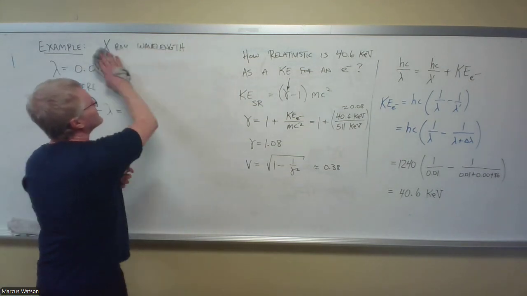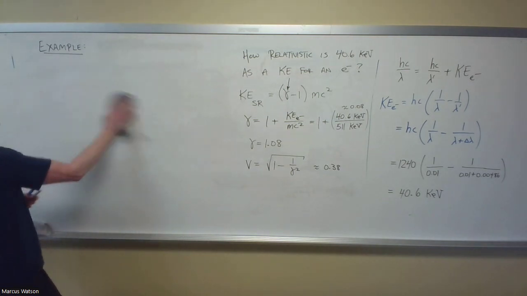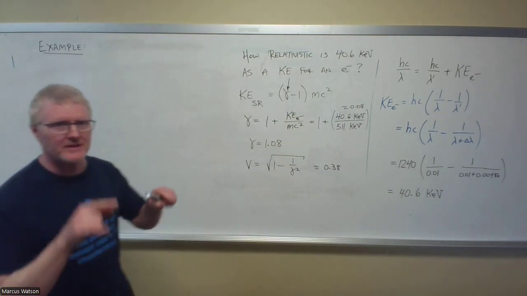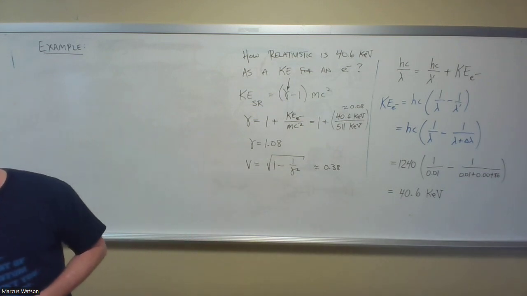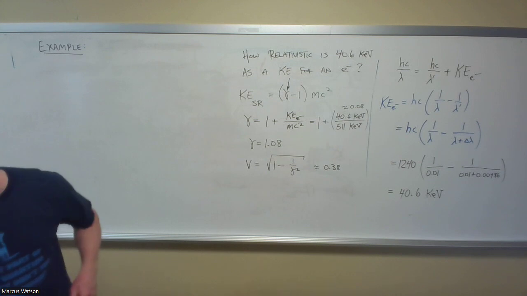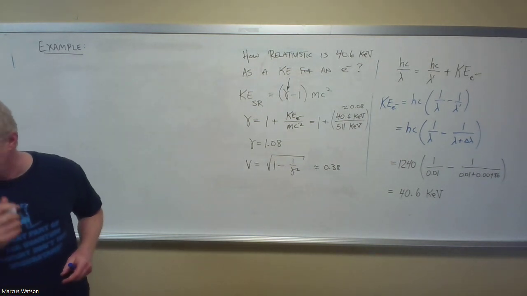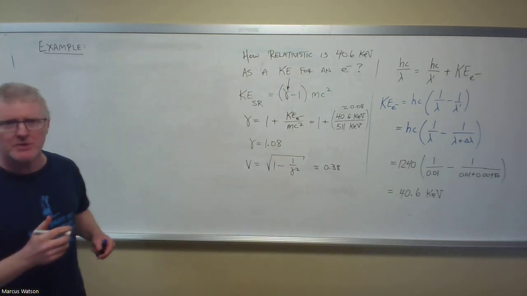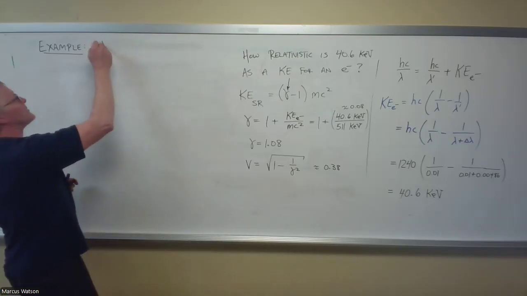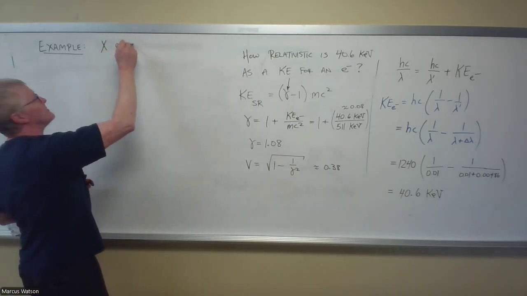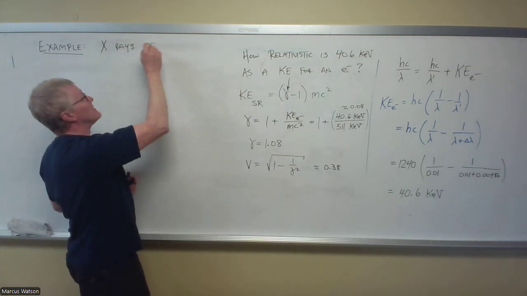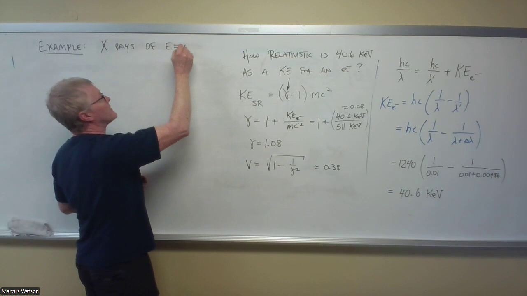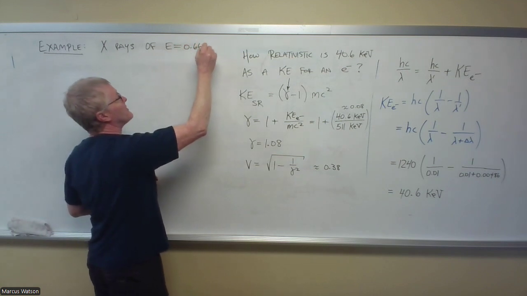Let's take a look at another example in which we have a little bit more of a scatter. What do we have if I have X-rays scattering at 60 degrees? So now I'm going to use X-rays here, whose energy I know, of energy equal to 0.662 MeV.